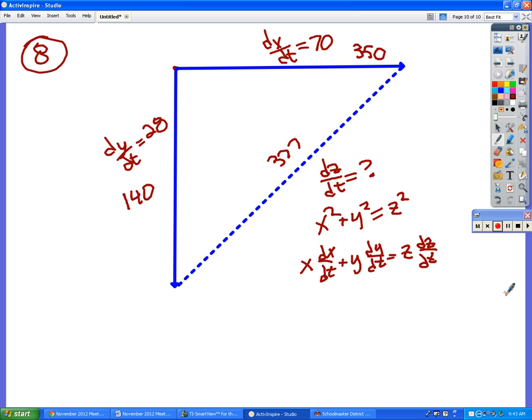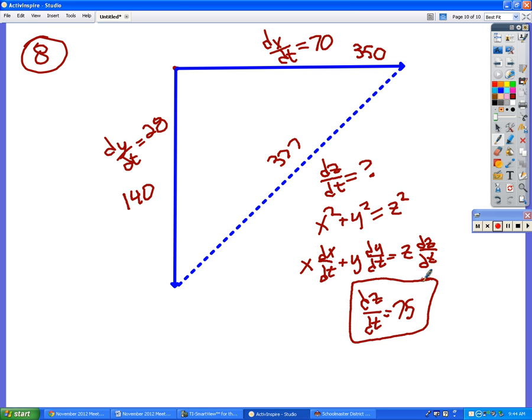So plug in stuff, and then you plug everything in and you get 75.